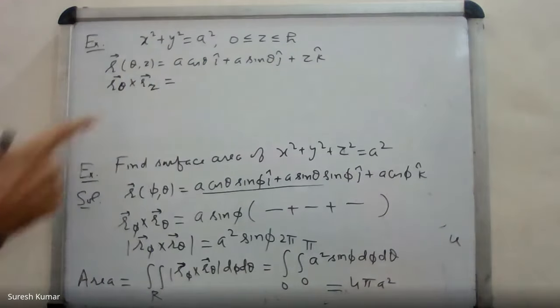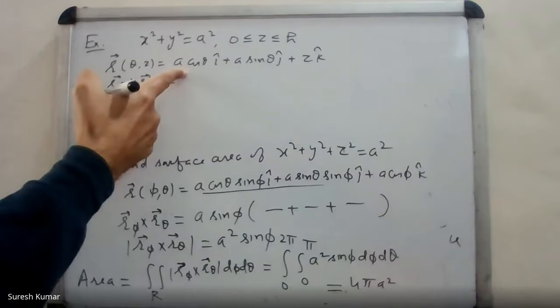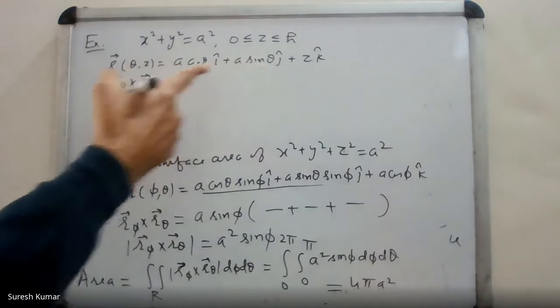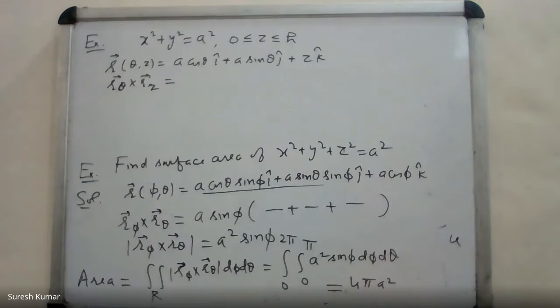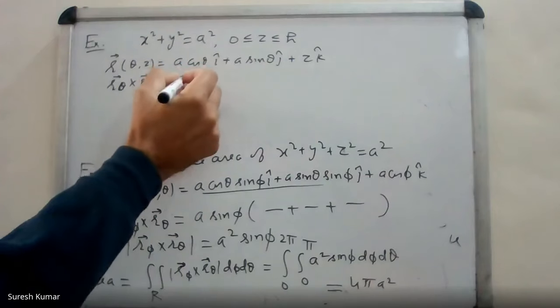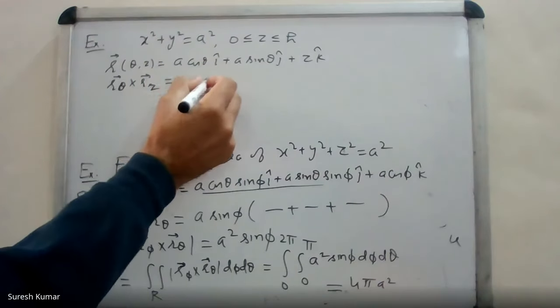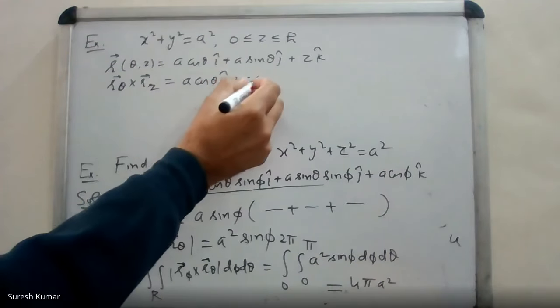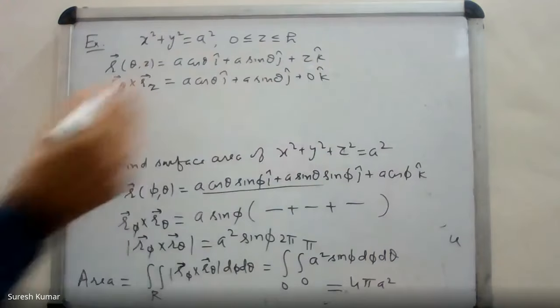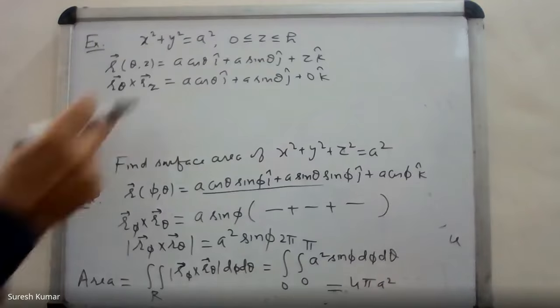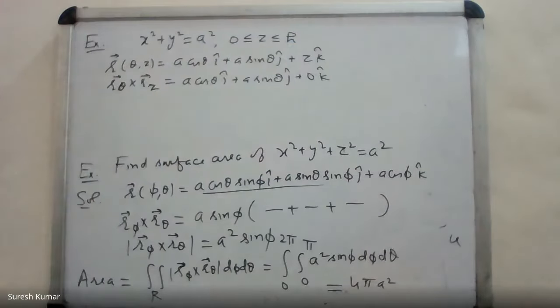This vector, then its magnitude. So partially differentiate this with respect to theta, then with respect to z, then find the cross product of the two vectors. We find that it is a cos theta i cap plus a sin theta j cap plus 0 k cap. This component vanishes. You can verify it.